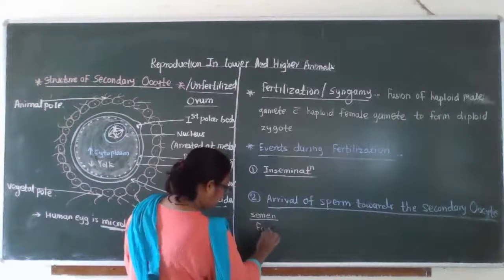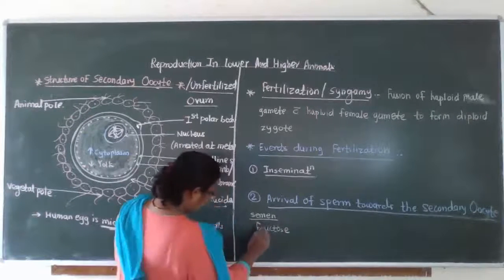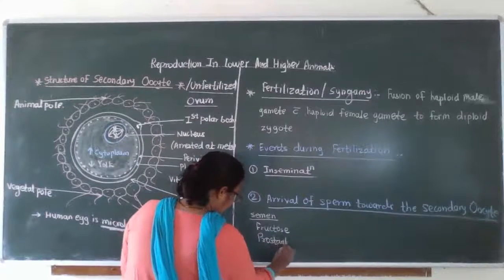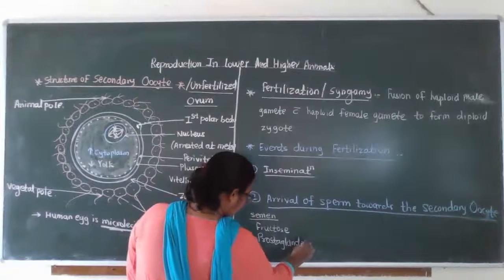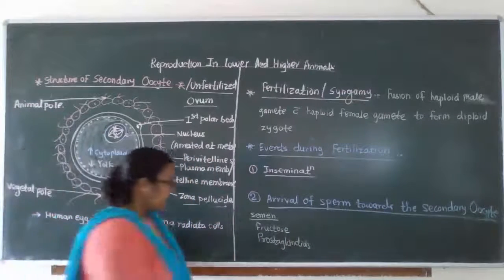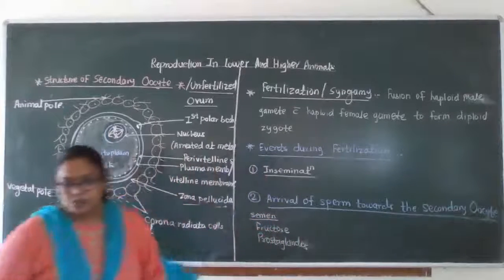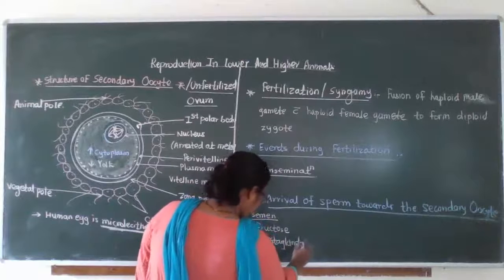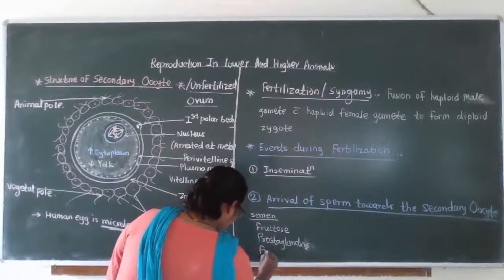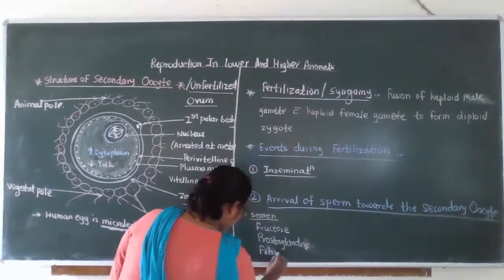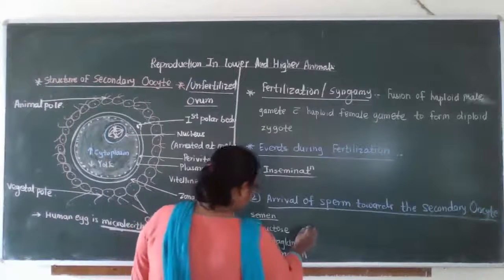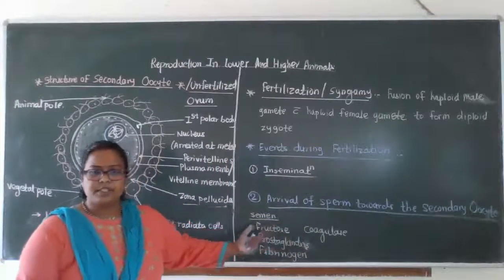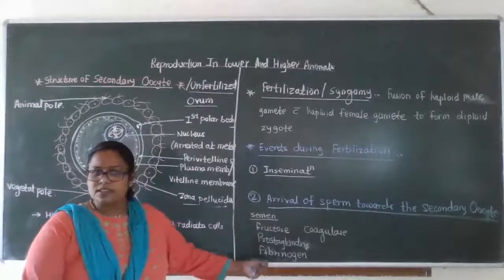Semen contains fructose, then prostaglandins, then coagulase and fibrinogen, and Ca++ ions are also present in this.